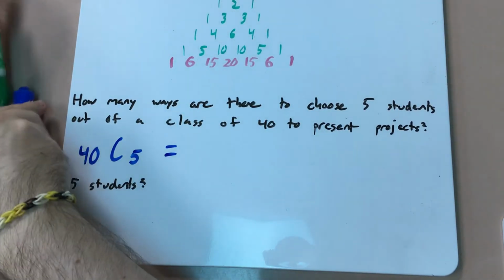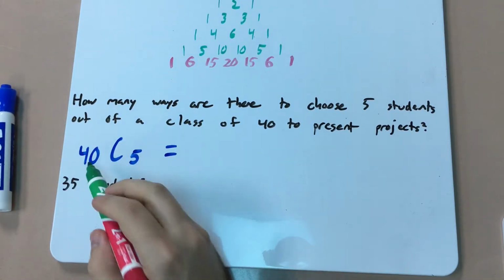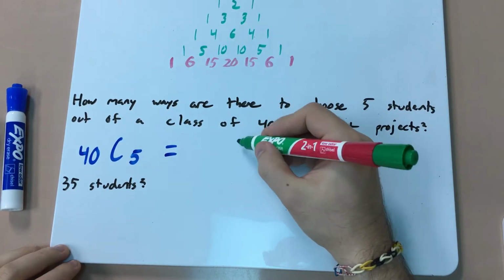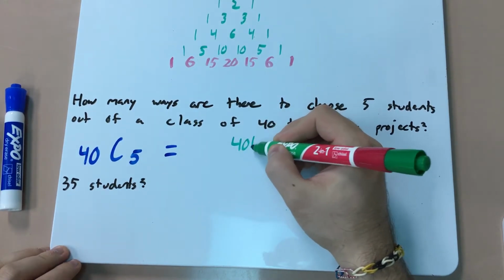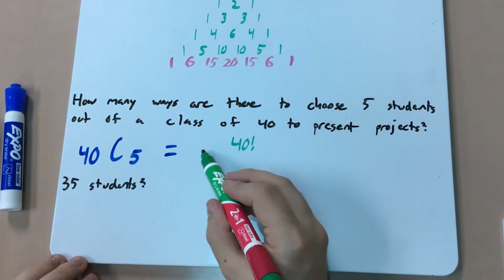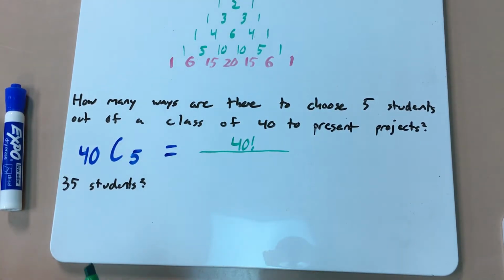So to start with, this is my n, this is my number of things that I'm choosing from. So my formula is going to need to start with 40 factorial, which I'm not going to figure out. I will absolutely not figure that out because that is probably going to break my calculator and my brain.